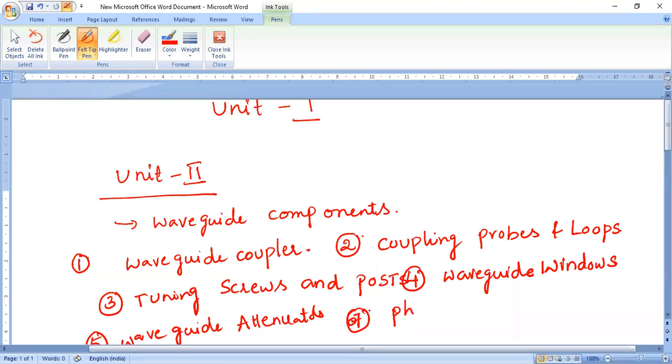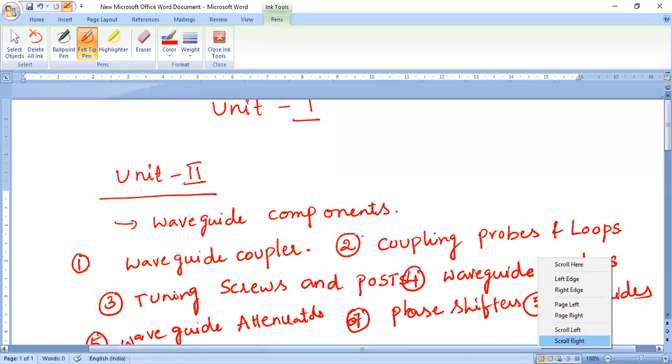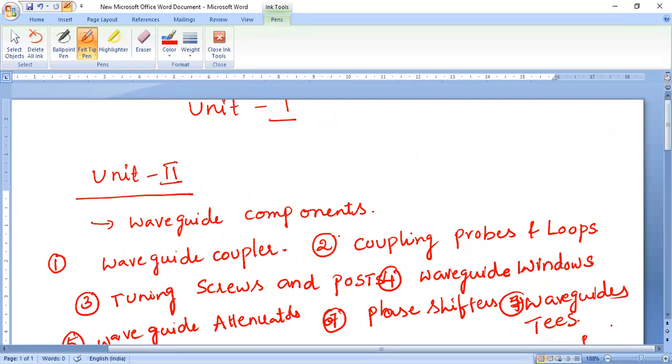Sorry, this is the sixth one, phase shifters. And the seventh one is waveguide tees, and in this you'll get the E-plane. So these are the things we are going to discuss.